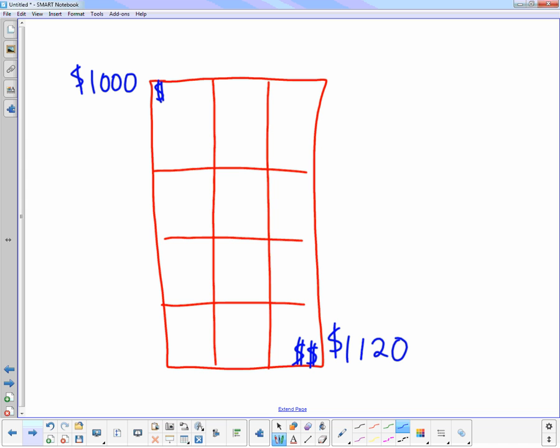So if you have the use of that $1,000 and I don't, I want to be able to pull it right here. I want to cash out right there. Well, I wouldn't get my full $120 because I didn't let you use it for the whole year, right? But I did let you use it for 5 out of the 12 months. So I ought to get a prorated amount. Does that make sense?